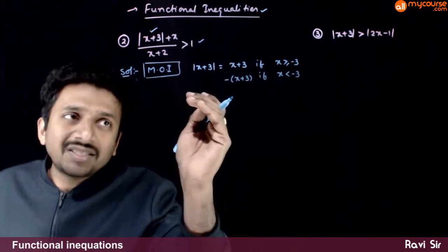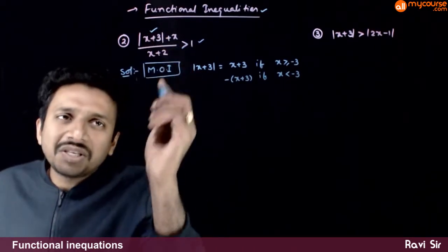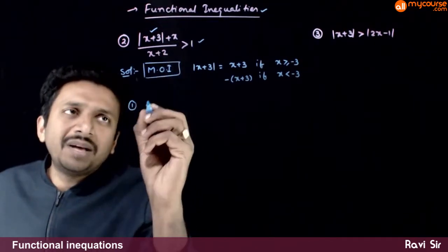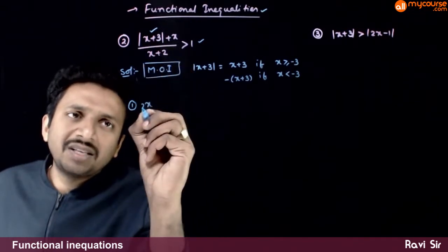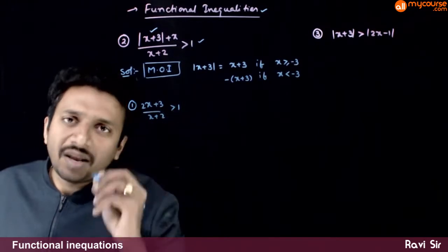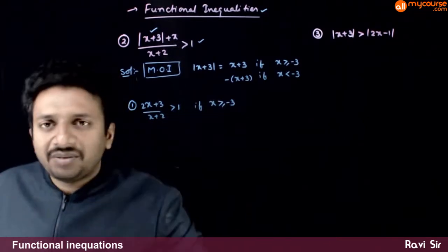So now let us substitute these cases in this inequation. So this inequation can be thought of as two cases. Case 1, this inequation becomes x plus 3 plus x, that is 2x plus 3 by x plus 2 greater than 1. This is when x is greater than or equal to minus 3.